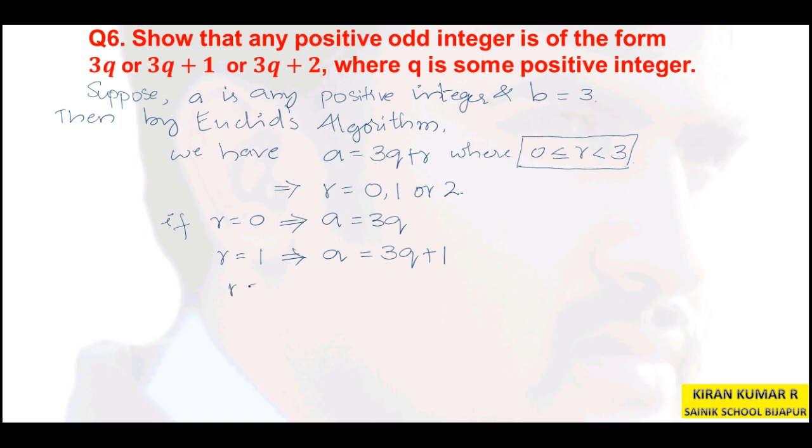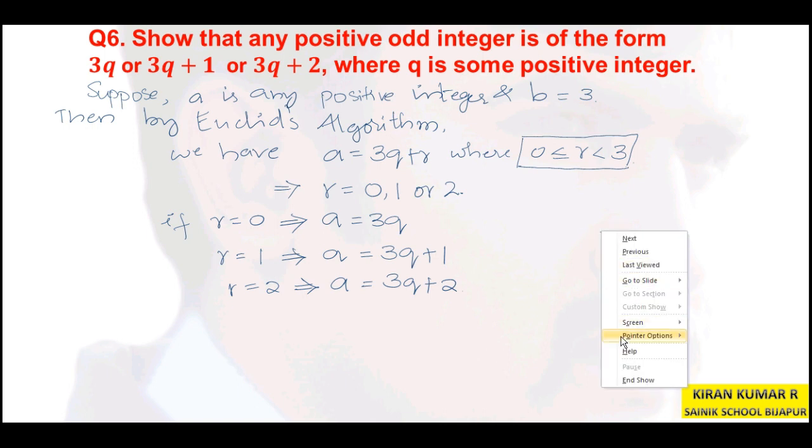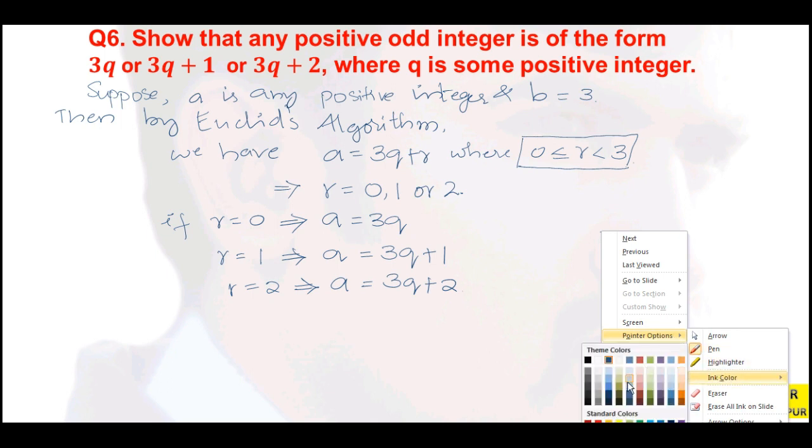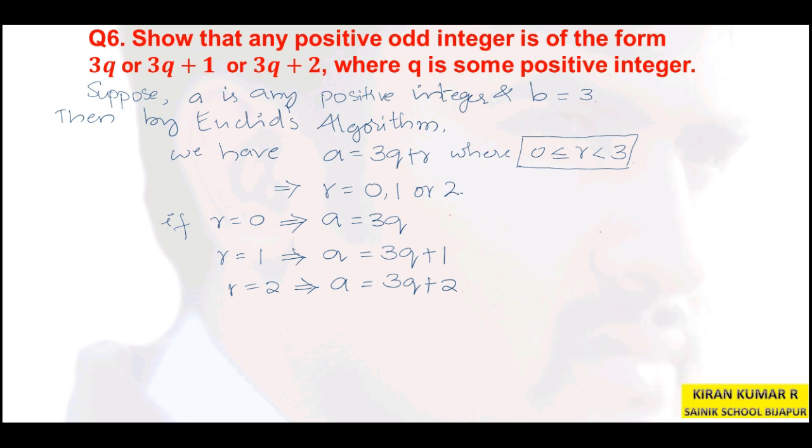And if the value of r is 2, a becomes 3q plus 2. Therefore, any positive integer will be in the form 3q or 3q plus 1 or 3q plus 2.